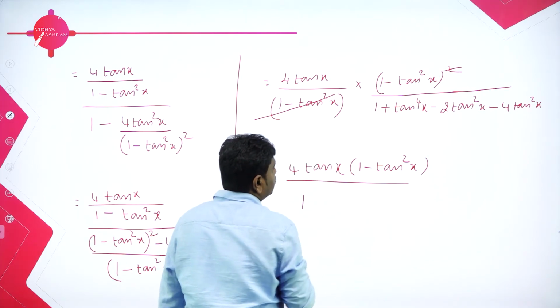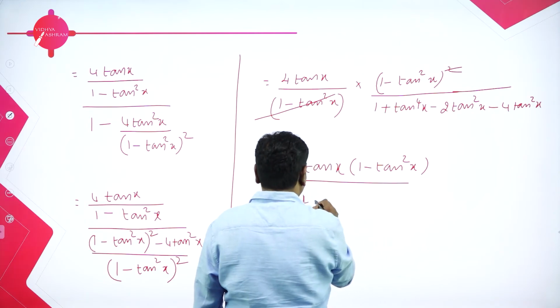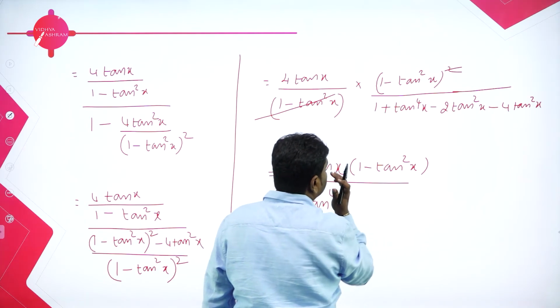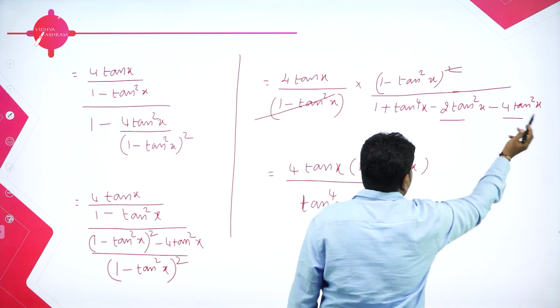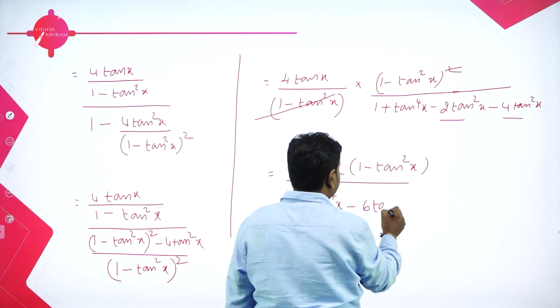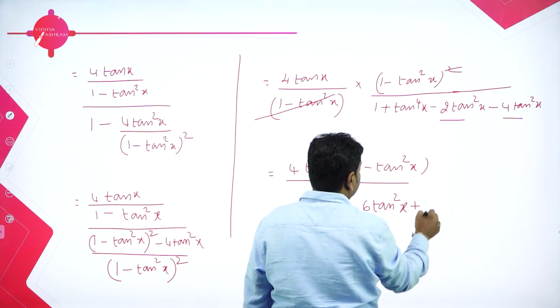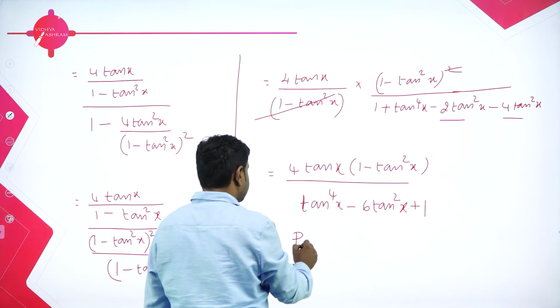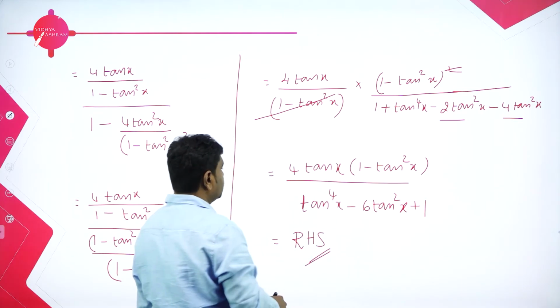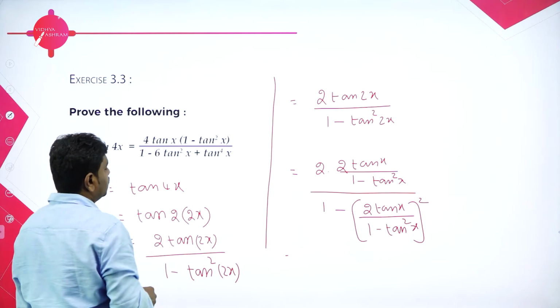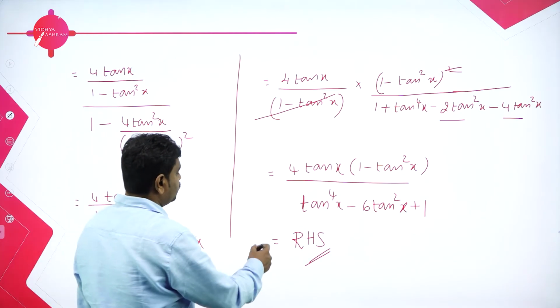So first I'll write tan power 4x. Then minus 2 tan square minus 4 tan square is minus 6 tan square x plus 1. Hence this is the RHS. This is the RHS if you see. Hence the proof.